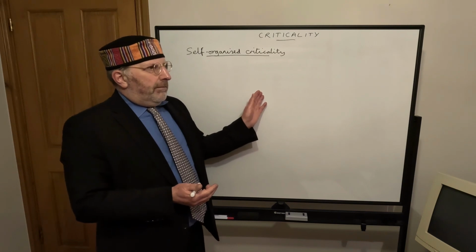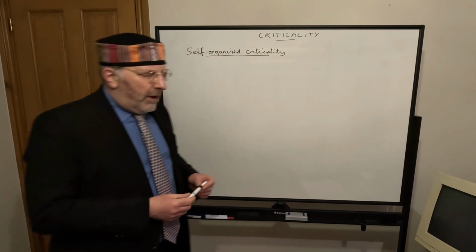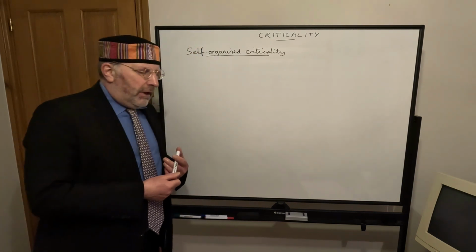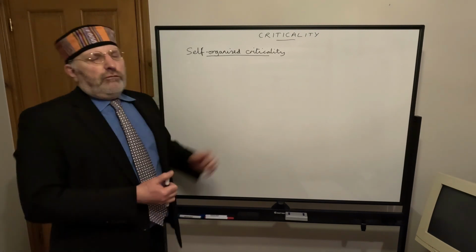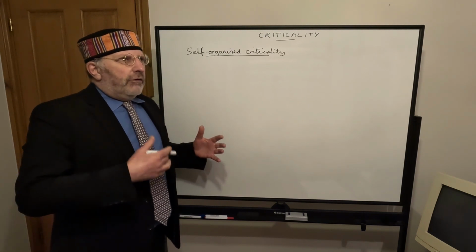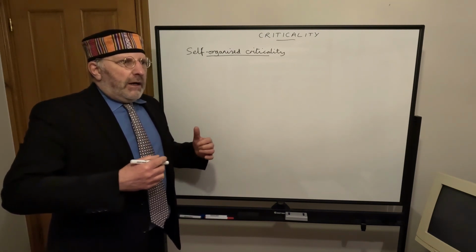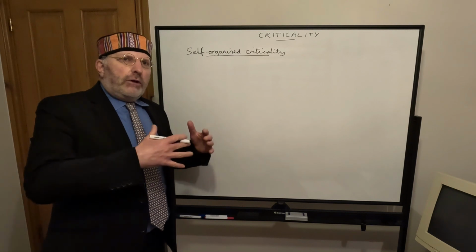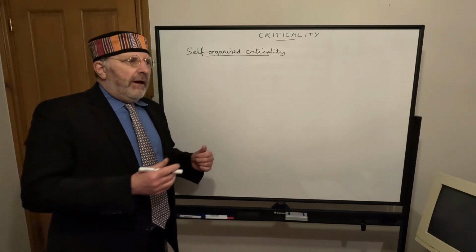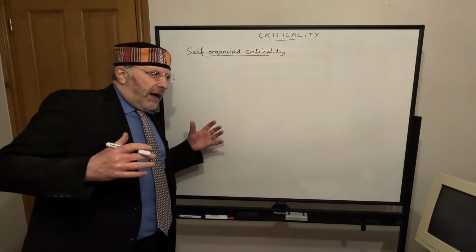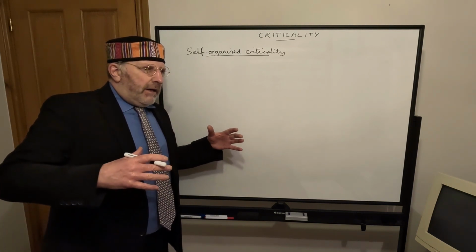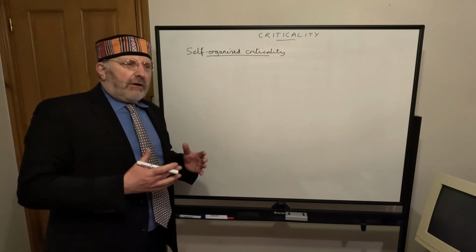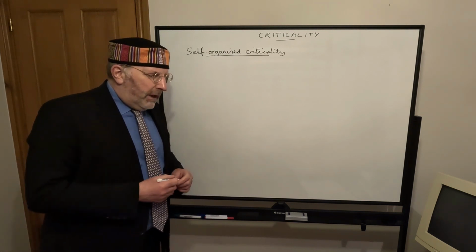So we have to be very careful about how we choose our percolation probability. But self-organised criticality is about systems that tend to evolve of their own accord into the critical state, so that instead of us having to make a special effort to put them in the critical state, they just naturally evolve into that critical state and stay there.